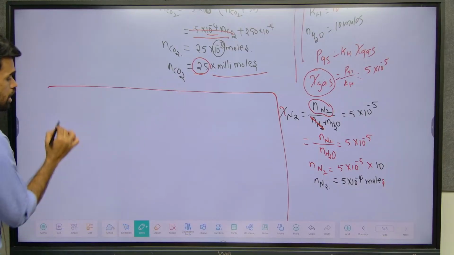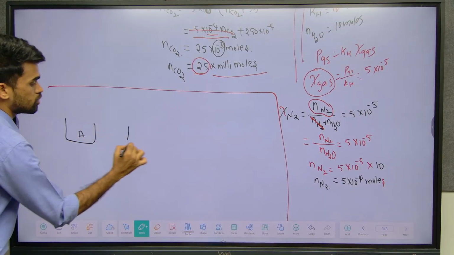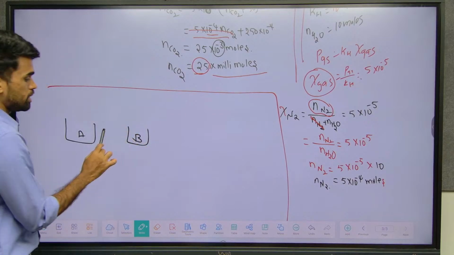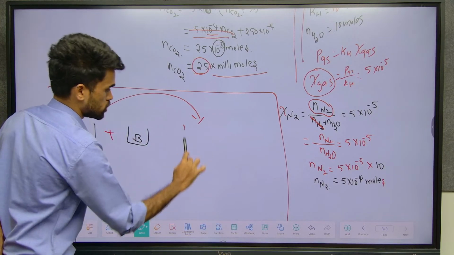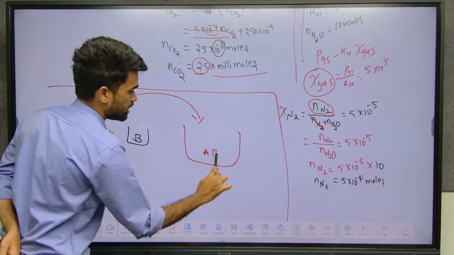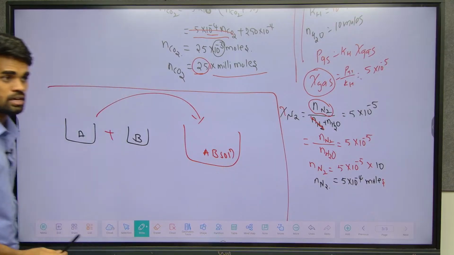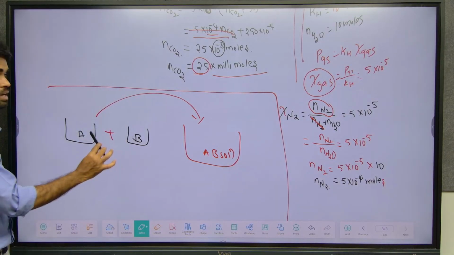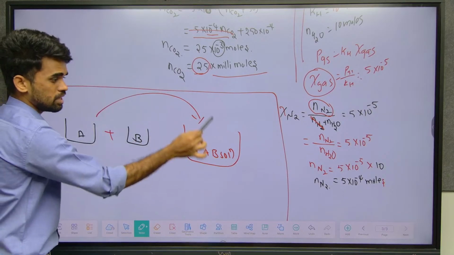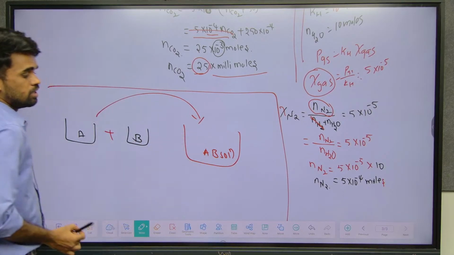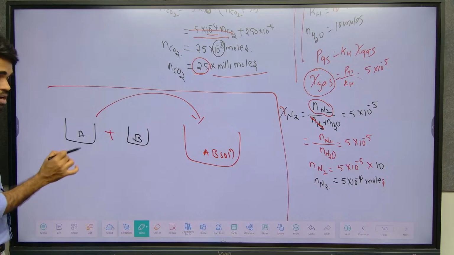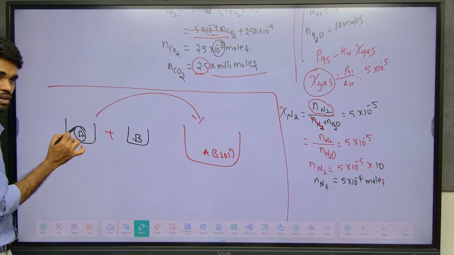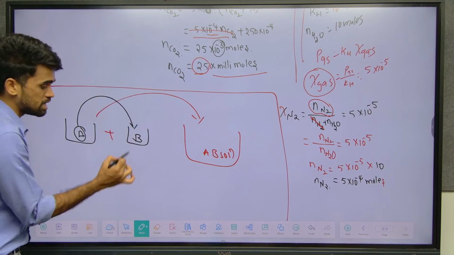See, I have liquid A here, liquid B here. So I am mixing them to make a solution. Solution of AB. What am I making? I have liquid A, liquid B. We are mixing them to make a solution. Here you can listen. The process of mixing one liquid into another liquid is called dissolution.